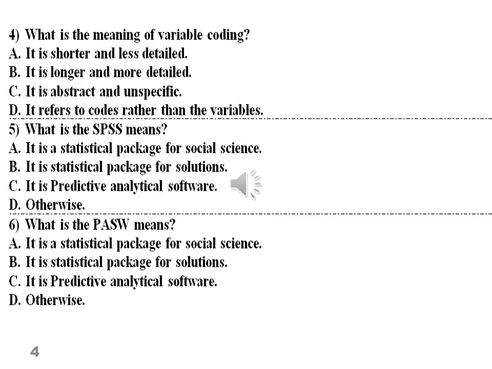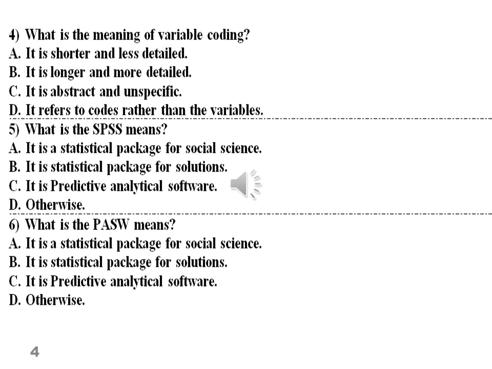Number 4. What is the meaning of variable coding? You must know what variable coding means. Letter A, it is shorter and less detailed. Letter B, it is longer and more detailed. Letter C, it is abstract and unspecific. Letter D, it refers to codes rather than the variable.